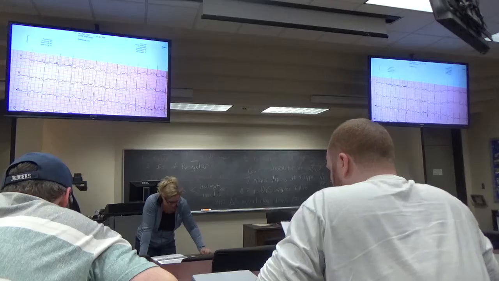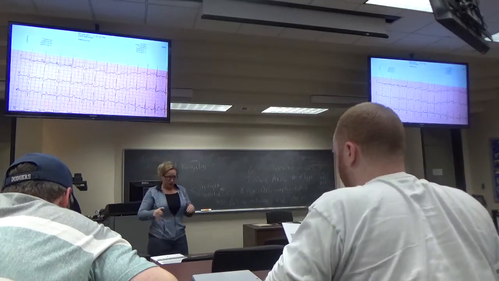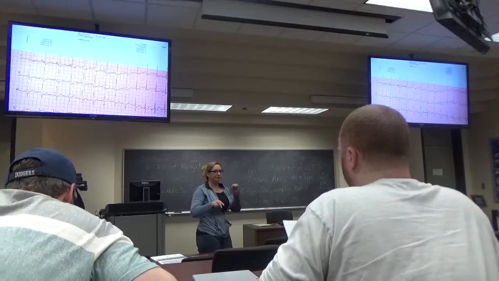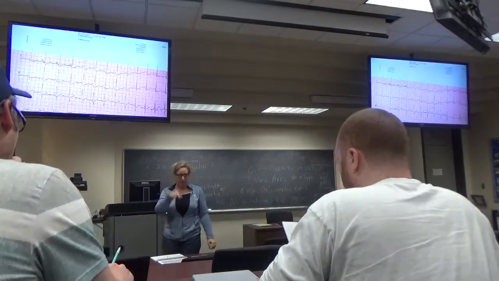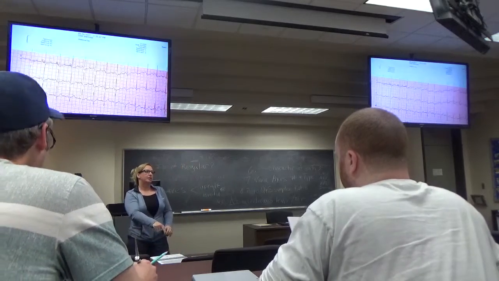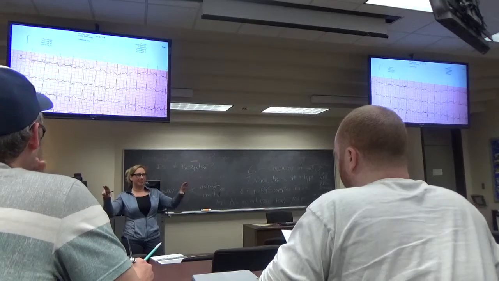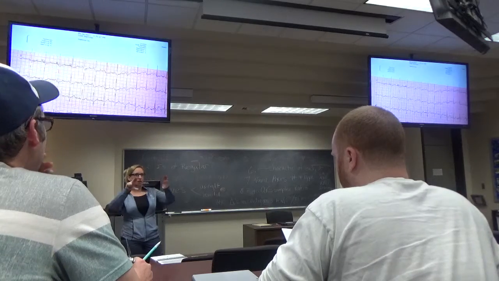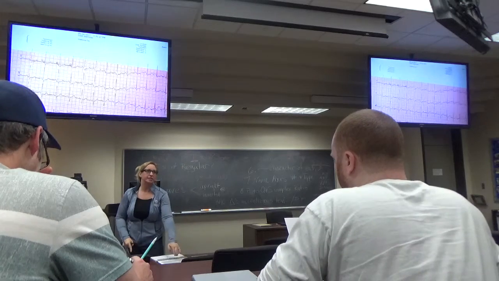Again, this is why you're not trying to read a full rhythm. You can't diagnose a rhythm on a 12 lead. You have to look at a rhythm strip, so it has to be a long strip for you to be able to see it and diagnose it.